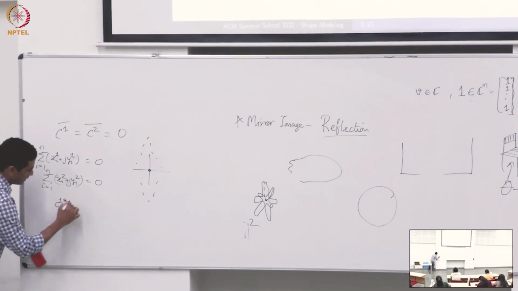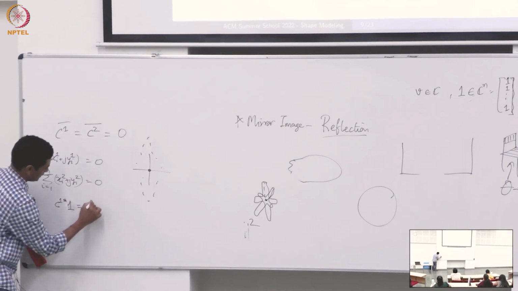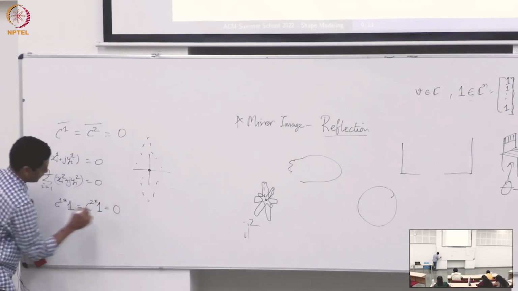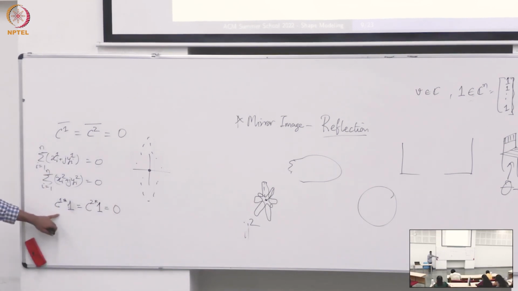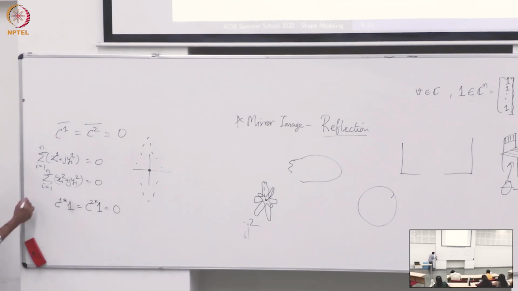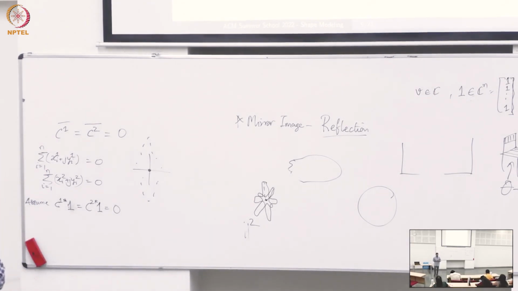So I can write it in a simpler way, this way: C1 star 1 equals 0, C2 star 1 equals 0. I am just adding all points when I multiply this row vector with the vector 1. Okay, so assume this is the case and then expand this cost function.